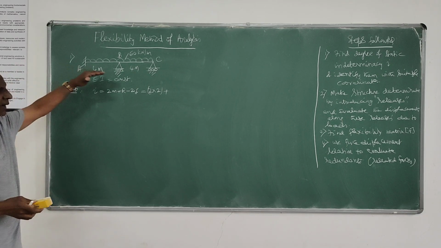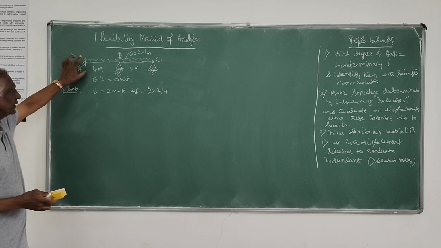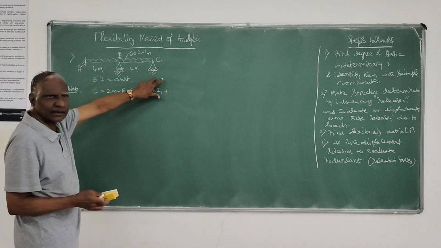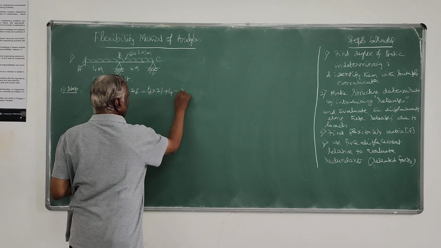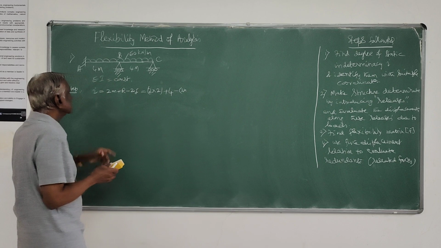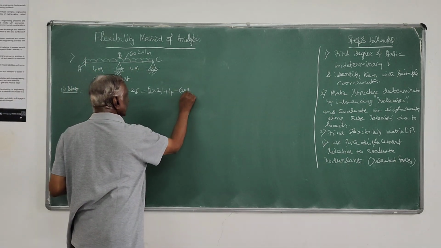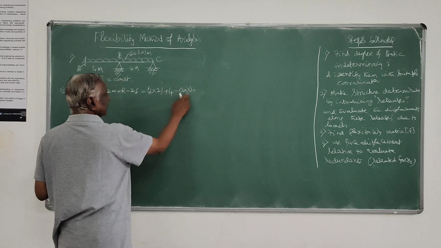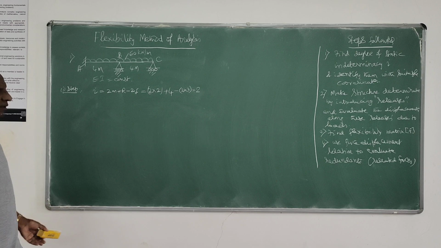Here we assume axially rigid, so instead of 3 reactions, only 2. Here 1, here another 1. So totally r will be 4, minus 2 into the number of joints. So 3 joints are there, A, B, C. So this is 8 minus 6. So the degree of static indeterminacy is 2.